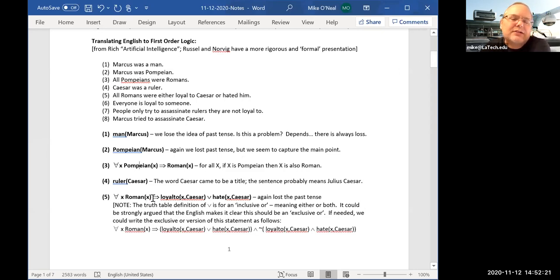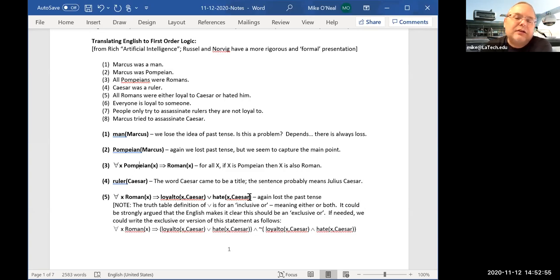For all X, Roman(X) implies X is loyal to Caesar or X hates Caesar. You're either loyal to Caesar or you hate Caesar if you're Roman. There's no in between there. Now, there's another problem with this translation that's even more critical, and that is that if we look at the English for Statement 5, all Romans were either loyal to Caesar or hated him.